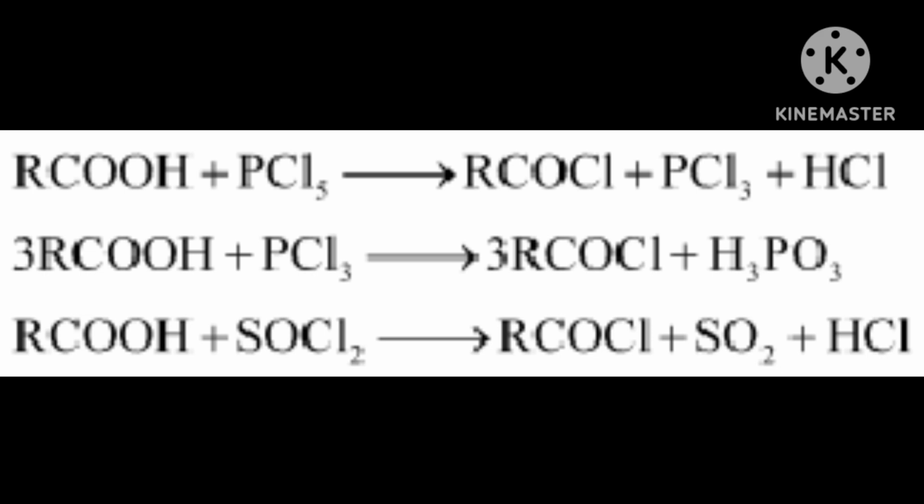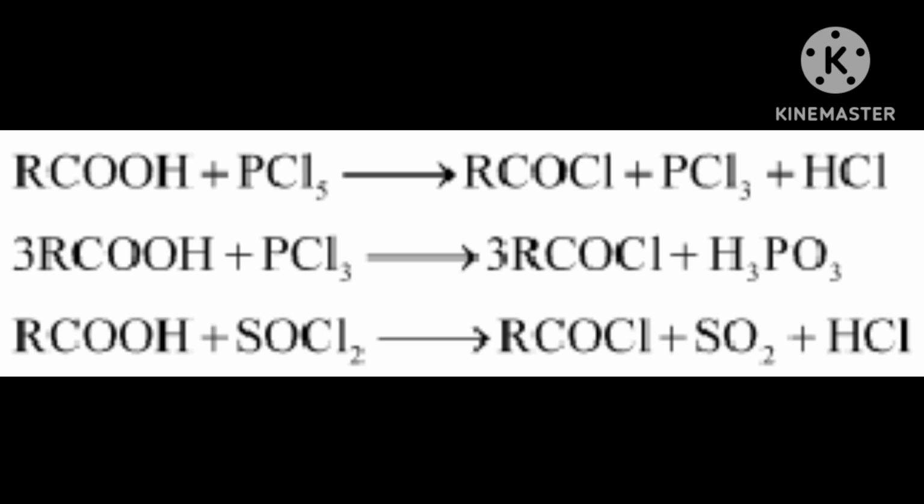Now the next reaction I am telling you is the reaction with ammonia. This is also a very, very important reaction. Carboxylic acid reacts with ammonia to give an ammonium salt, which on further heating at high temperature gives amides. For example, take acetic acid, CH3COOH plus NH3.